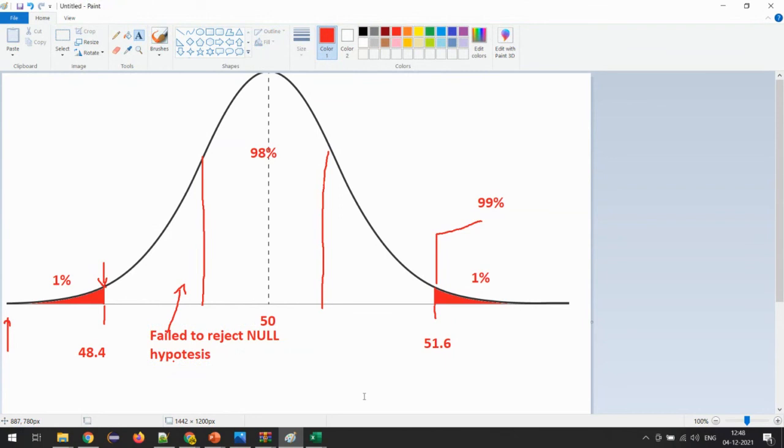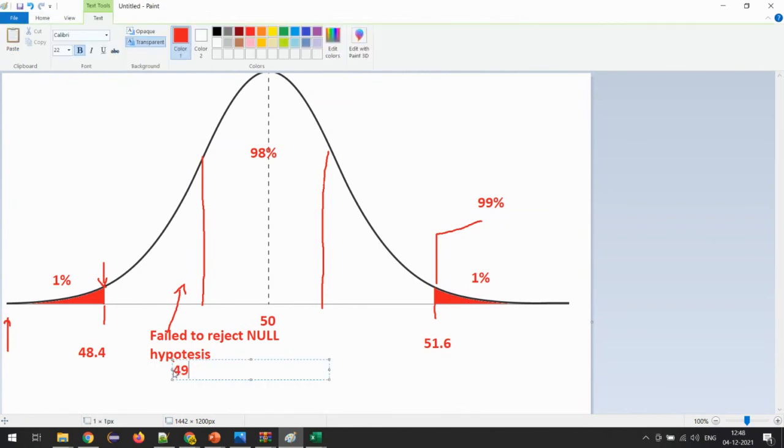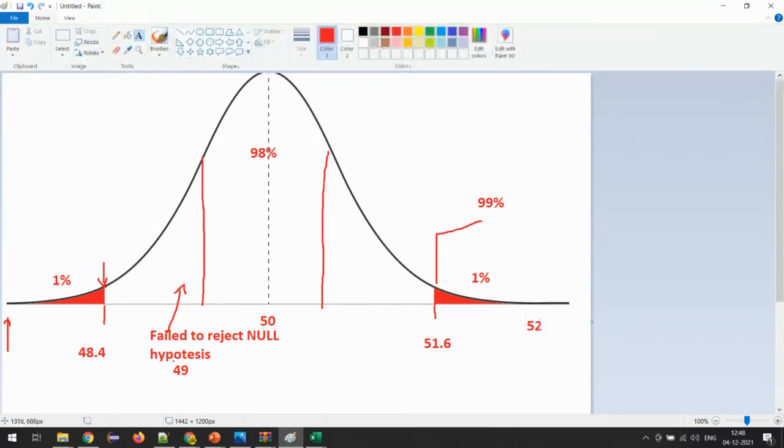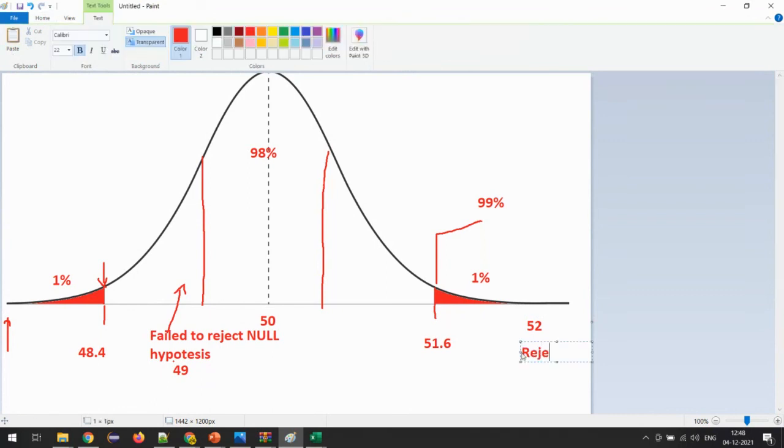You're welcome. But if you see 52 in this case, it is going to this side and it is a two-tailed test, so it is going to be again in the red region. So 49 is a good example. 49 falls here and 52 falls very far from here, so here we reject the null.